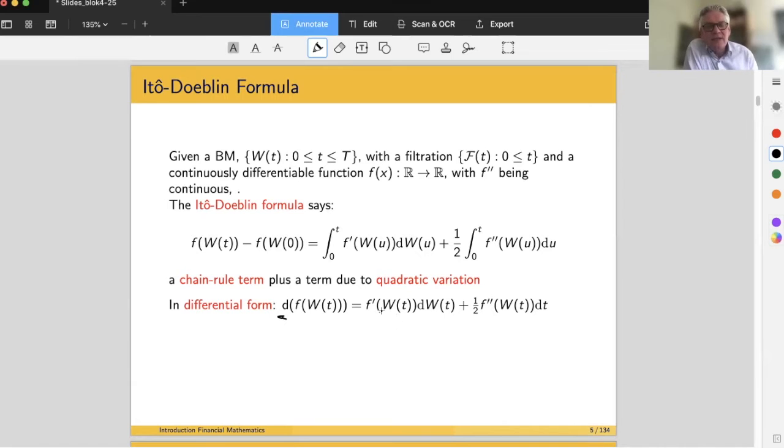And this reminds us a little bit, indeed, of a chain rule type expression with a special term here.